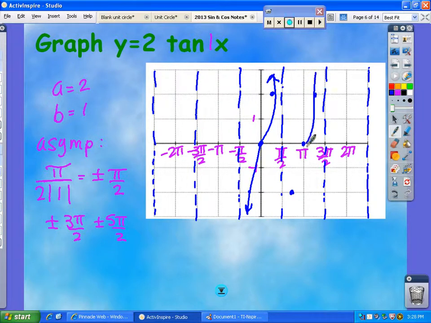Please stop me if I say something that doesn't make sense. All right. My 2 pi is my 0. I'm going to go half the distance and down 2, half the distance and up 2. So there's my other piece. And then I've got to finish my other side.